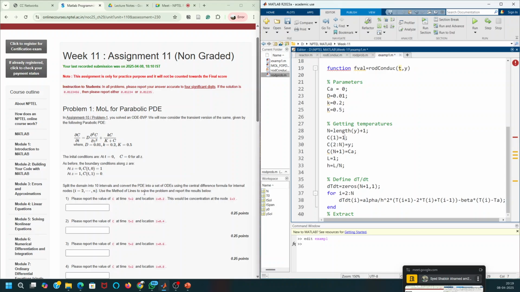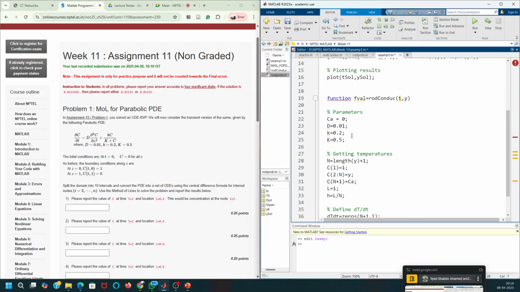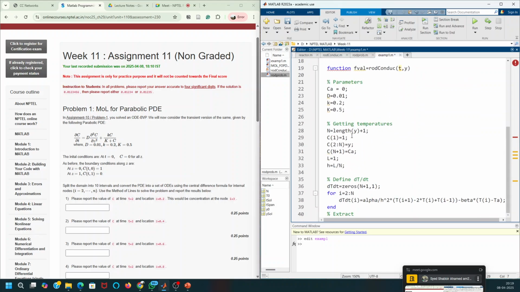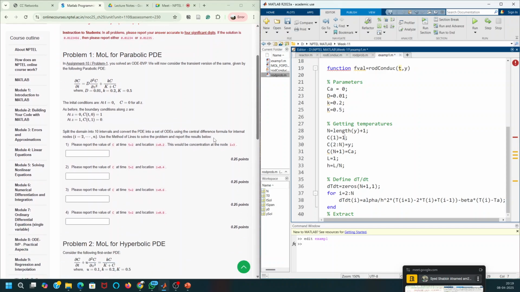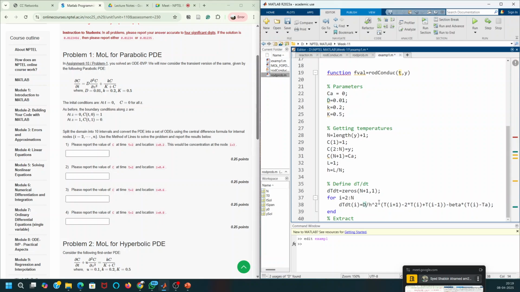And then we will define this equation here. Instead of this, we will use our central difference scheme. Here we will use C instead of T. The entire thing is the same.